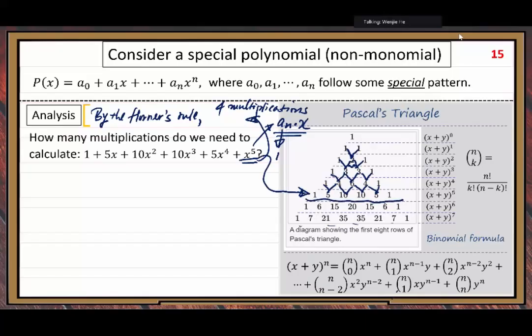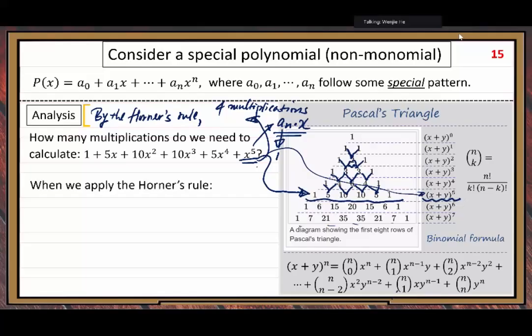The coefficients, exactly this row in the Pascal's triangle. That means by the binomial formula, this polynomial should be this polynomial, right? Although y equals 1, so here, this one, x plus 1, okay? Y is 1.